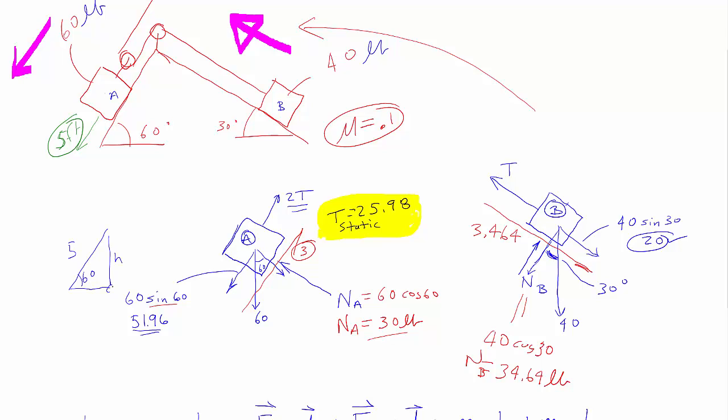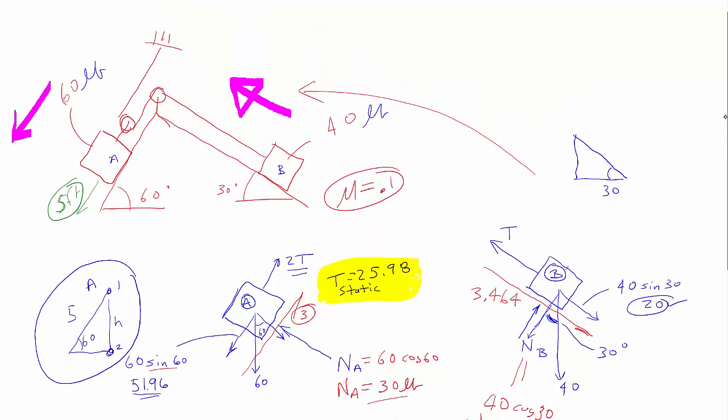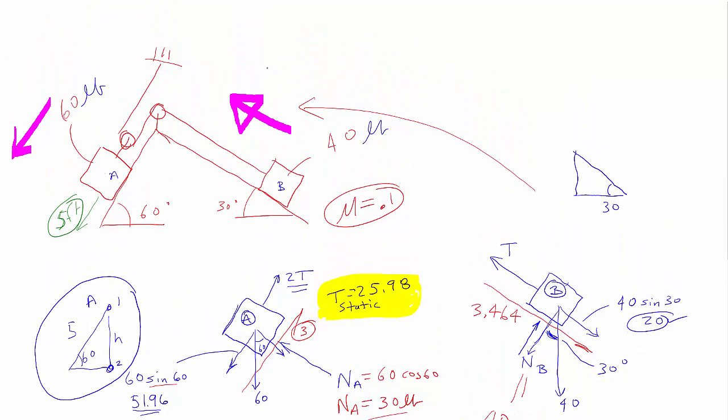So if I pick state 1 and state 2, this is for A. If I did the B triangle, here's 30. However, let's do our little sA and sB.